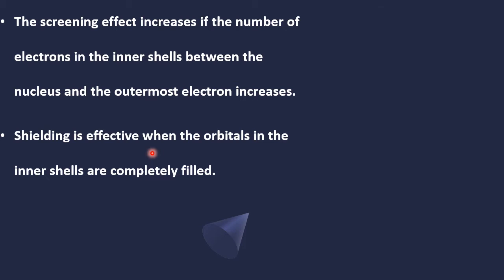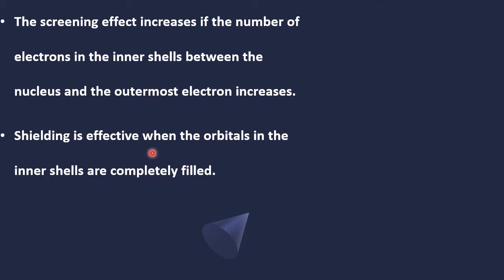It is completely filled like a noble gas. When the inner electronic configuration in sodium is completely filled, they shield maximum. That means they protect the outer 3s1 electron very much from the nucleus.